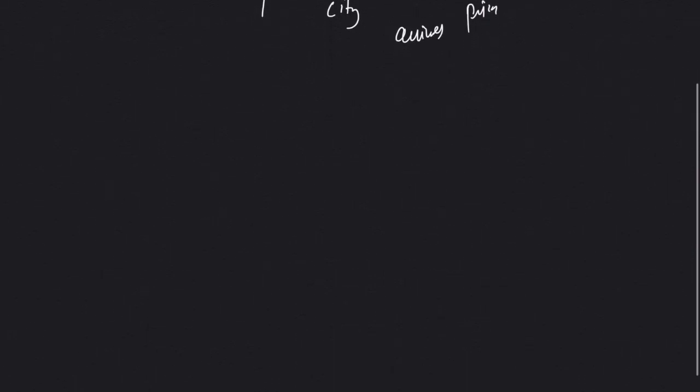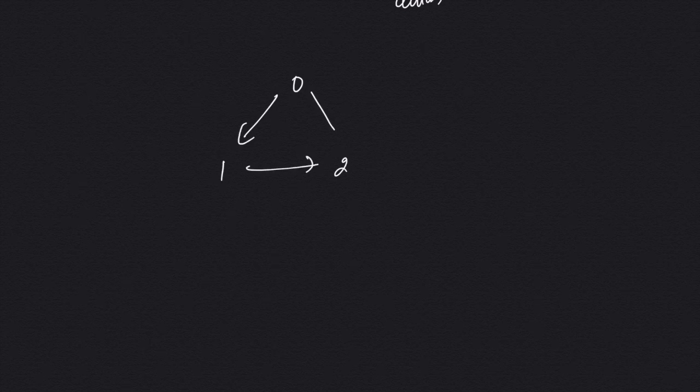And if we look at example number 1, we are given 0, 1 and 2. Our source is 0, our destination is 2, that means we need to reach from 0 to 2, and the price from 0 to 1 is 100, the price from 1 to 2 is 100, and the price from 0 to 2 is 500.